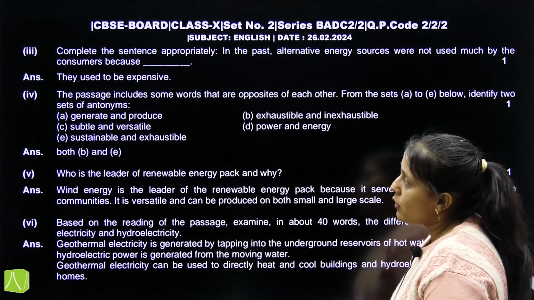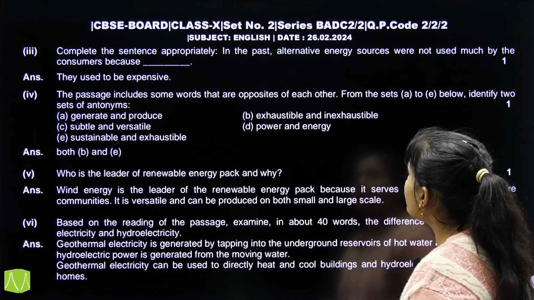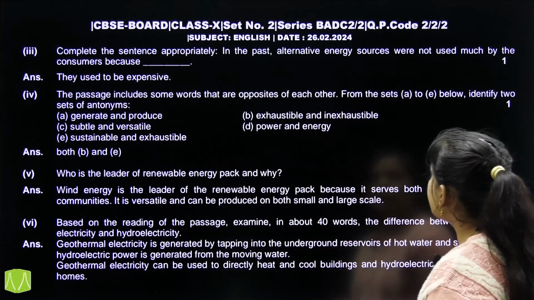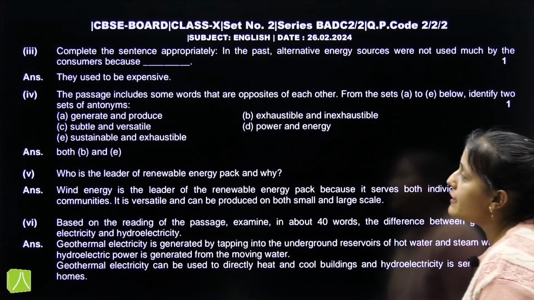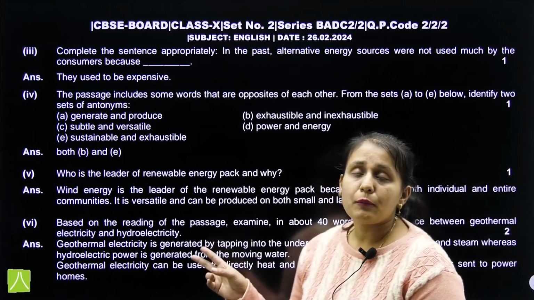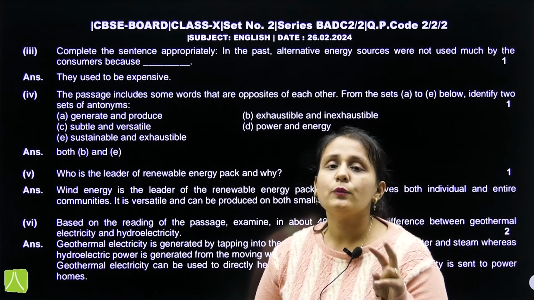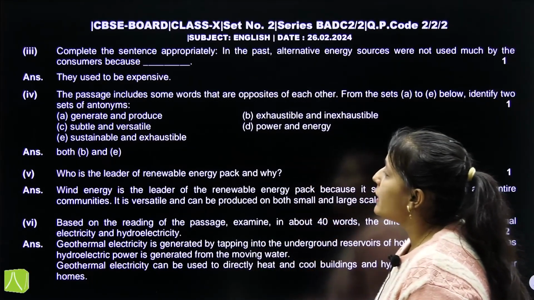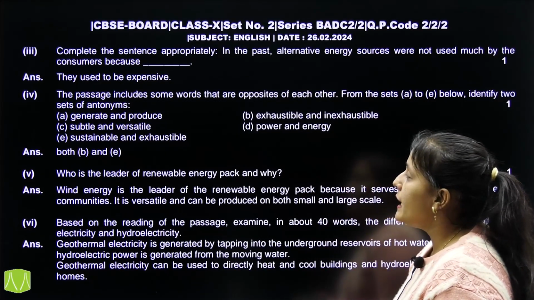The fourth question was, the passage includes some words that are opposite of each other. From the sets A to E below, identify two sets of antonyms. You had to identify antonyms here, two words which are very opposite. Okay. So, the correct answer is B and E. A is generate and produce.